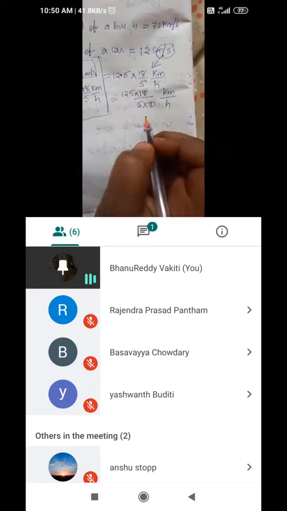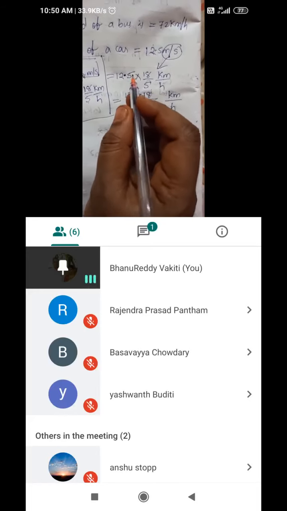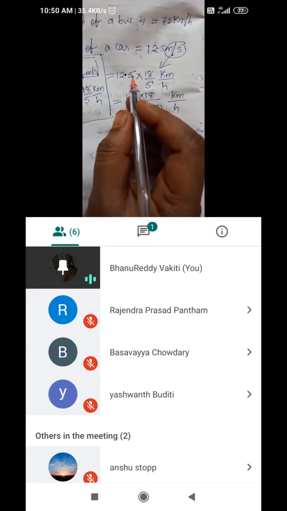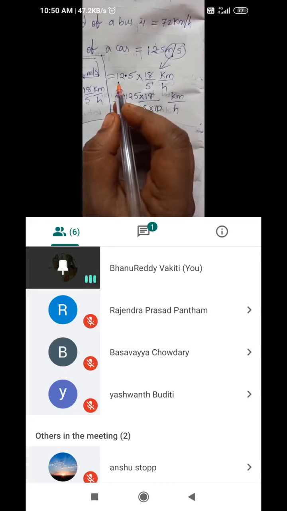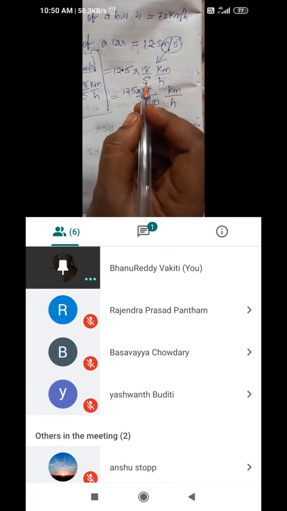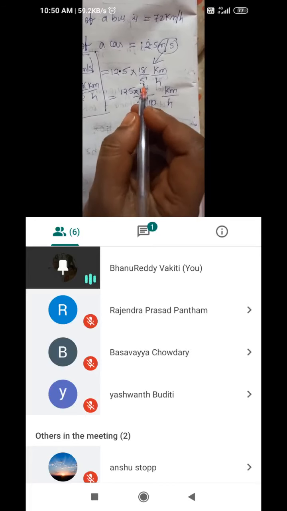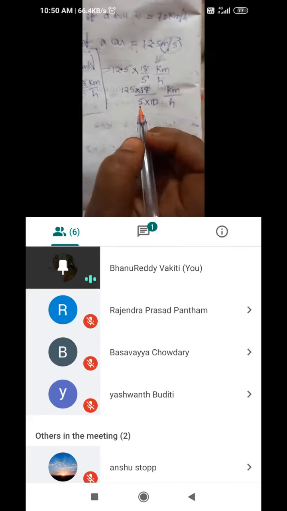Here I am removing this point from this number, taking this digit to the point side, so I am multiplying the denominator with 10 because I am removing this point. Is it okay now?